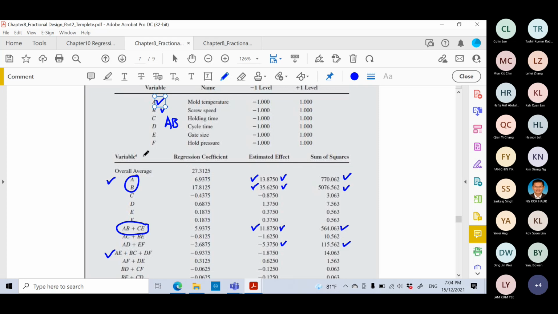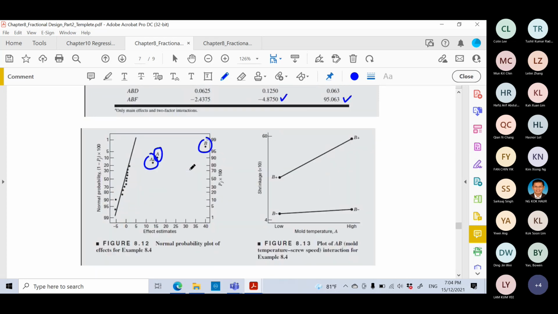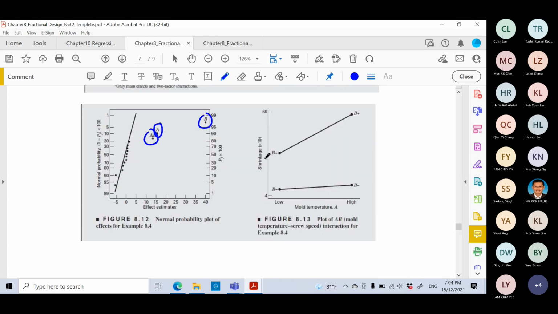Okay. So from this analysis, we can identify A, B, and AB are important. Of course, we need to make some assumptions as I just mentioned. Because the AB interaction is significant, if you want to get a higher value, of course for factor A you should choose the high value, and for the level of B you also choose the high value.